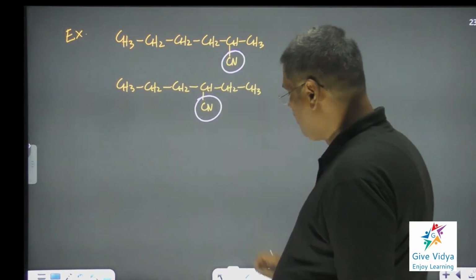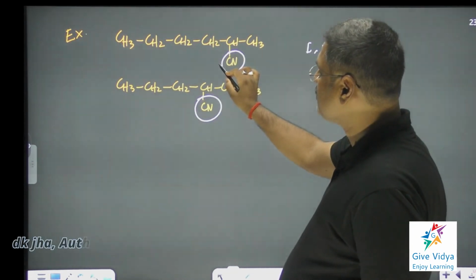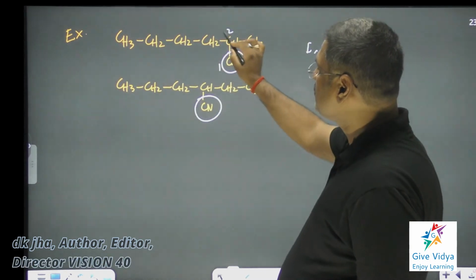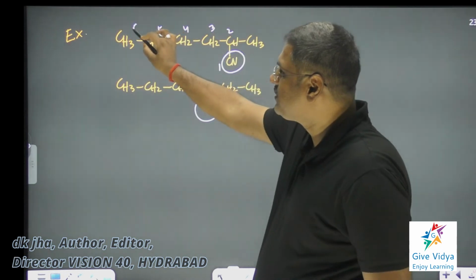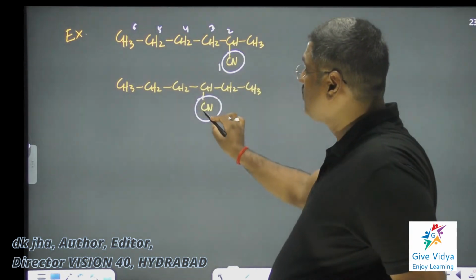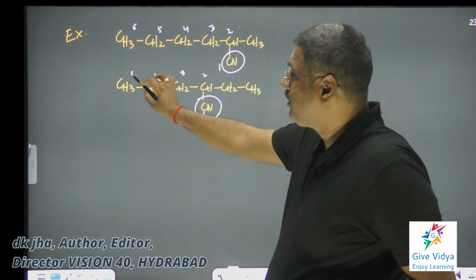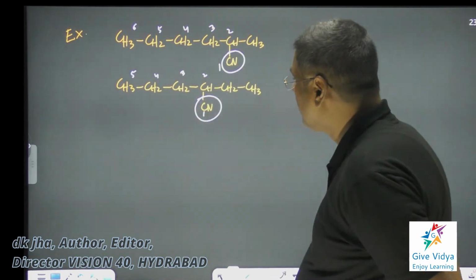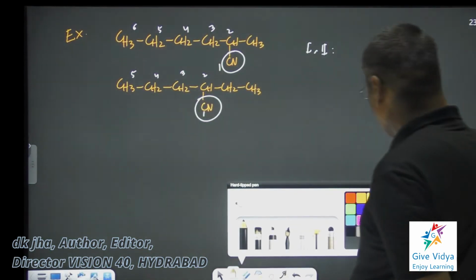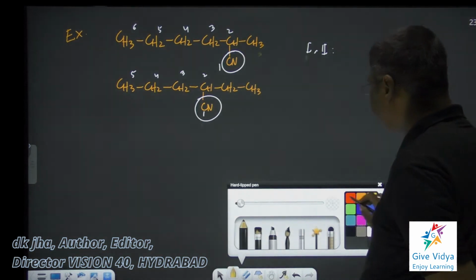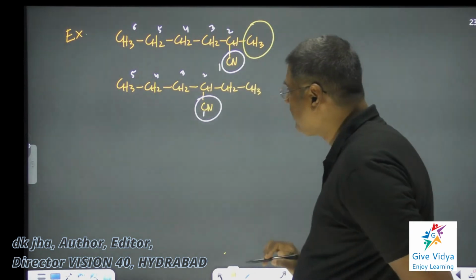Because if you analyze it properly, then you'll find that the basic skeleton, basic chain is here. This is 1, this is 2, this is 3, this is 4, this is 5, this is 6. No, this one 1, 2, 3, 4, and 5. Here the substituent is a methyl group. Here the substituent is a methyl group, not CN.